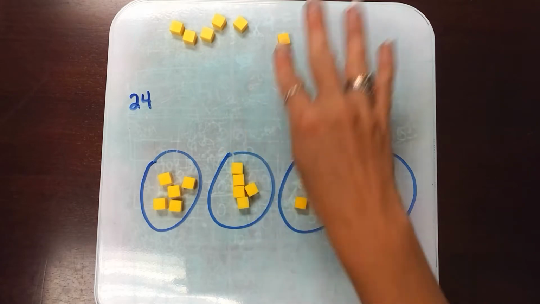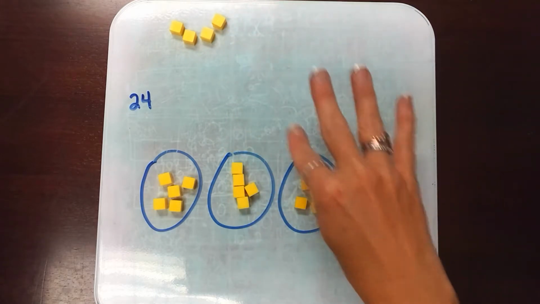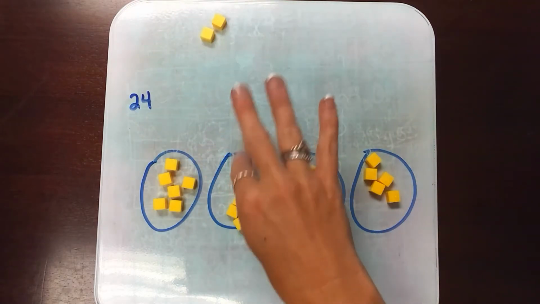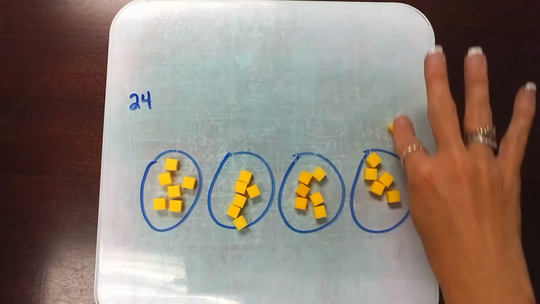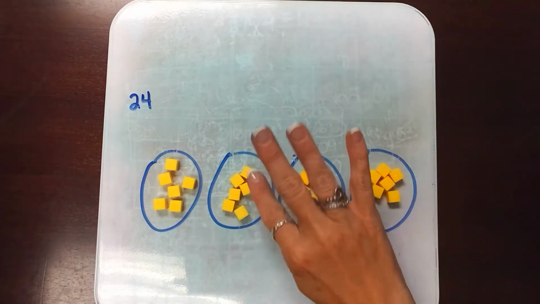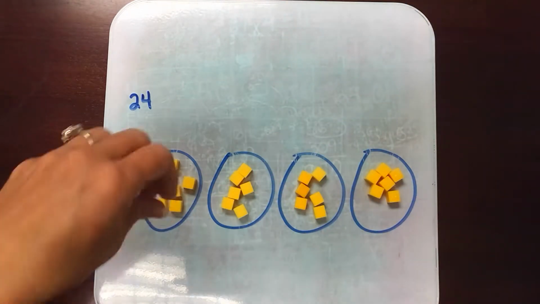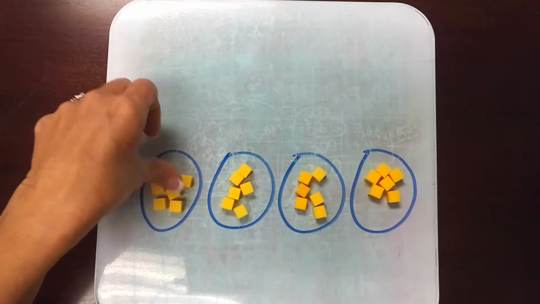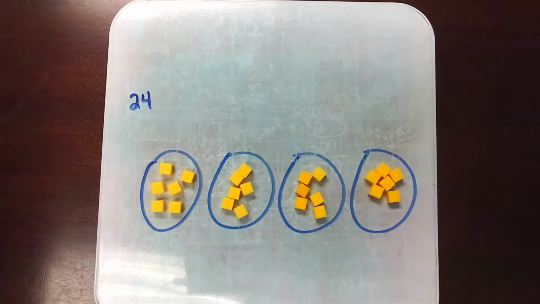And we're going to continue doing that until we don't have any more left. Okay. So we're going to ask students, so how many apples do I have in each basket? I have 6 apples in each basket.